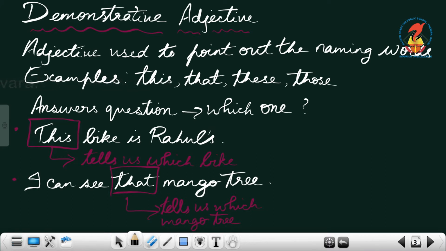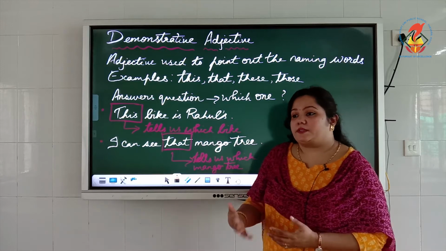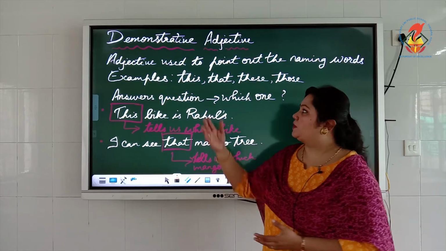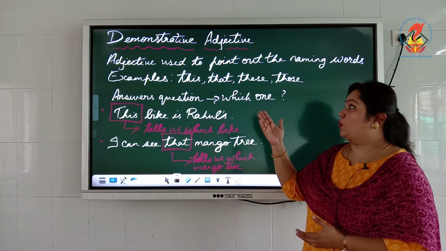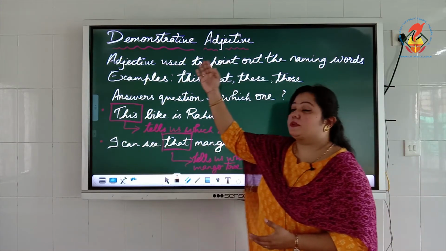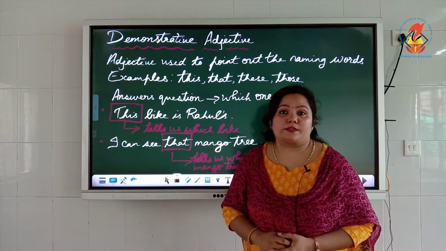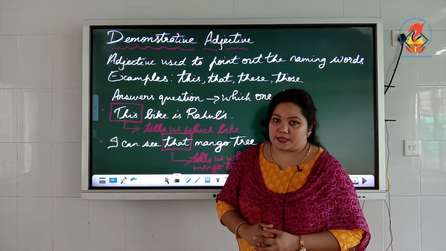And examples are this, that, these and those. If we want to point out certain things or persons or animals, we use words like this, that, these, those. So all these words are demonstrative adjectives. They are used to point out the noun that we are referring to in a sentence.